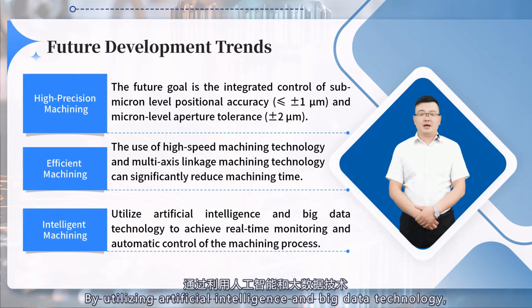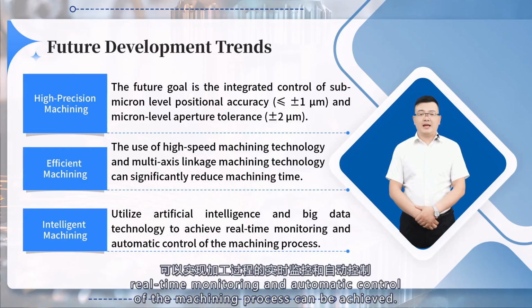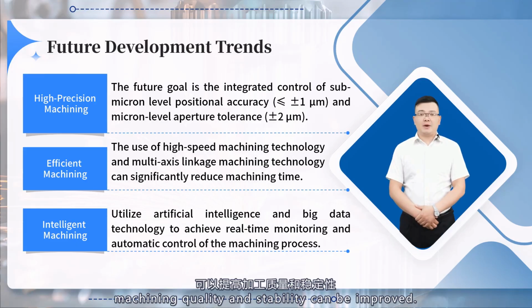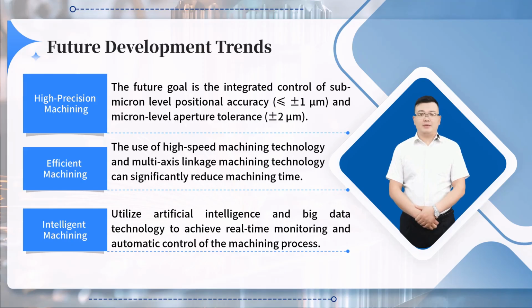Intelligent machining by utilizing artificial intelligence and big data technology. Real-time monitoring and automatic control of the machining process can be achieved. Through real-time adjustment and optimization of machining parameters, machining quality and stability can be improved.